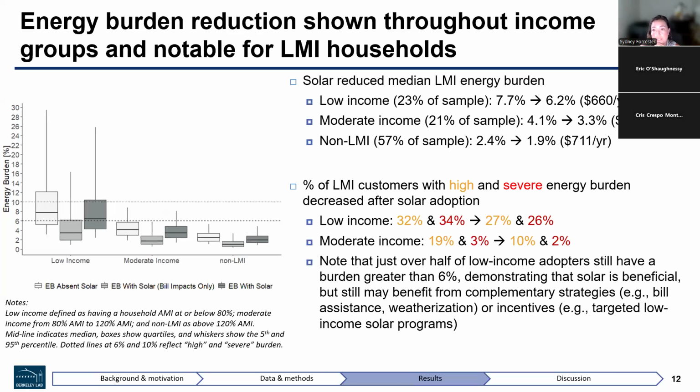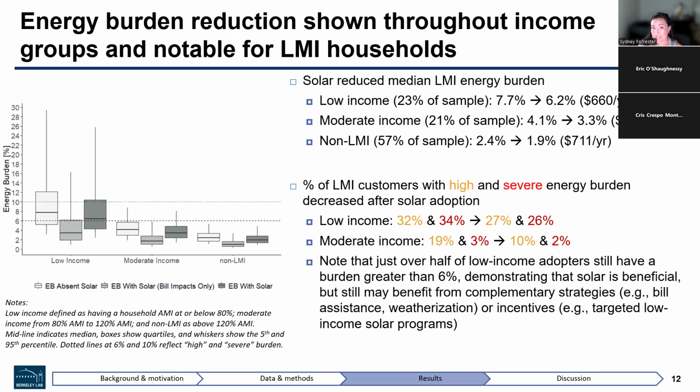What we see here again is that solar was able to reduce the percentage point energy burden by a lot. And it's more prevalent with the low income adopters in our sample. So here you see the median go from 7.7% to 6.2%. That is on average about $660 of annual savings.